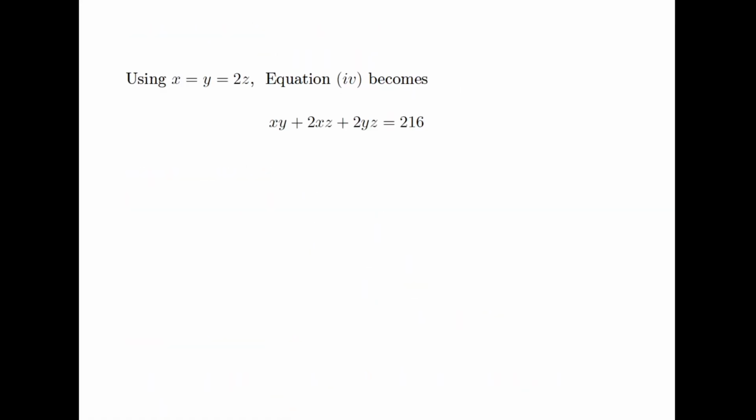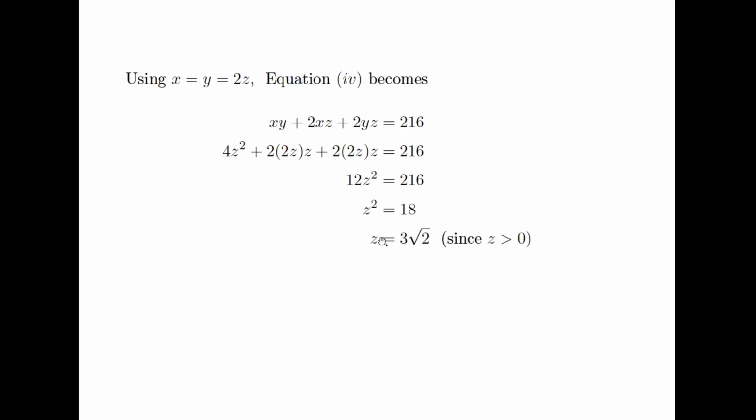So the last equation, xy + 2xz + 2yz = 216, becomes, again we replace x and y by 2z. So xy becomes 4z squared. Here x becomes 2z and y becomes 2z. So therefore we have 12z squared equals 216, or z squared equals 18, which gives us z is 3 square root of 2.